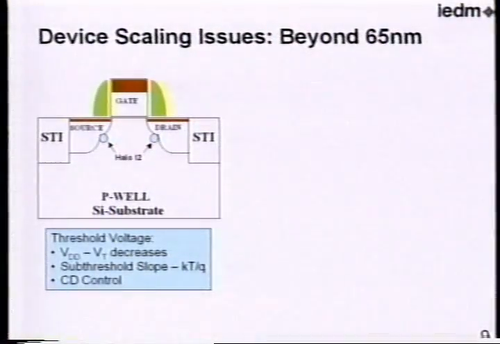So let's start looking at a few of these, and let's look at the first. It is just a standard transistor that's been made for some time. The planar CMOS transistor can be described pretty much like this. STI is the isolation between devices.